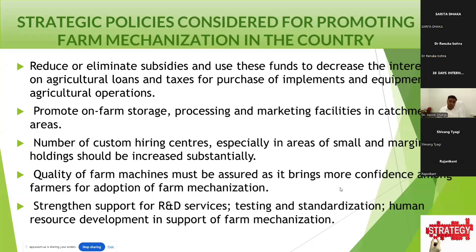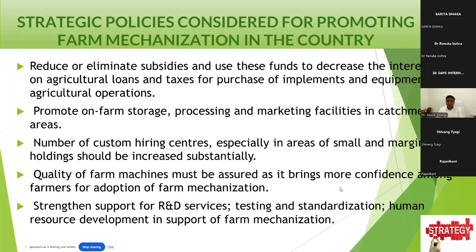The second potential solution for this situation is that we should increase the custom hiring centers and encourage the cooperative use of machinery. For this, we should study the availability and requirement of machinery region-wise. Region-wise, crop patterns, crop conditions and weather conditions are different.